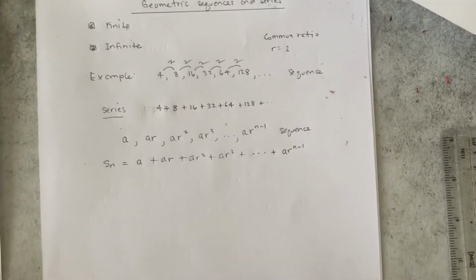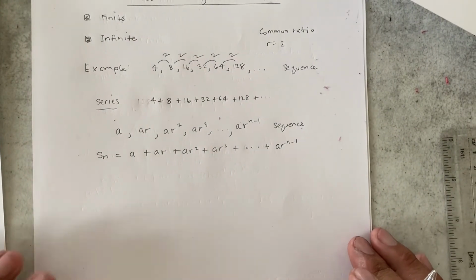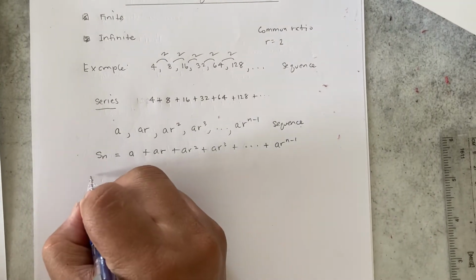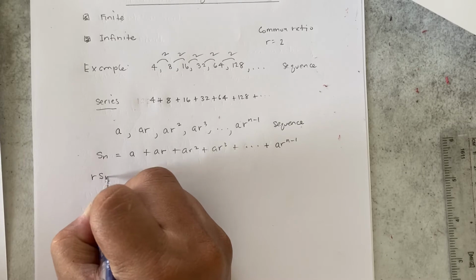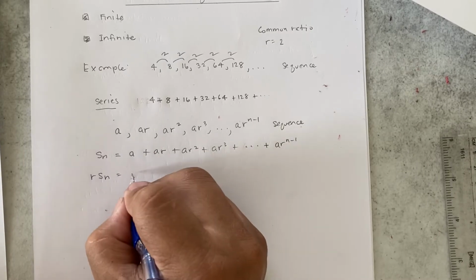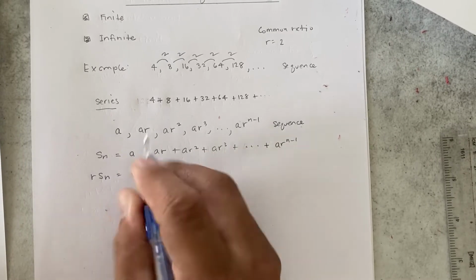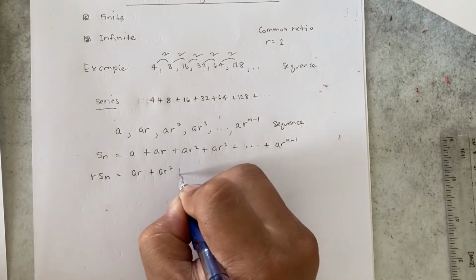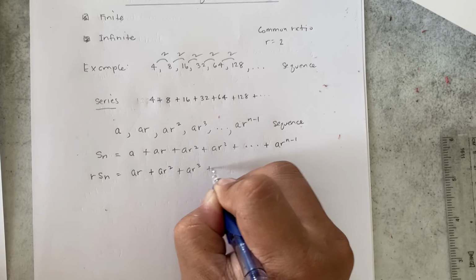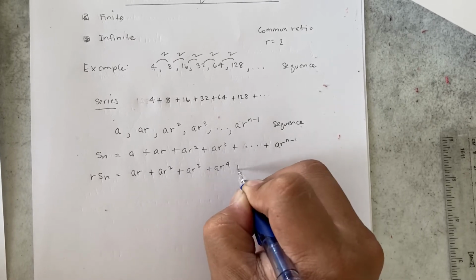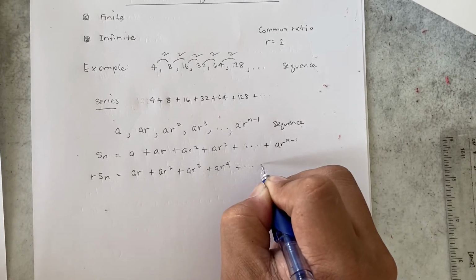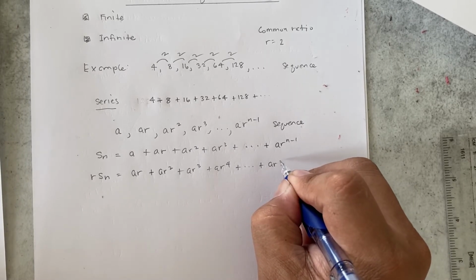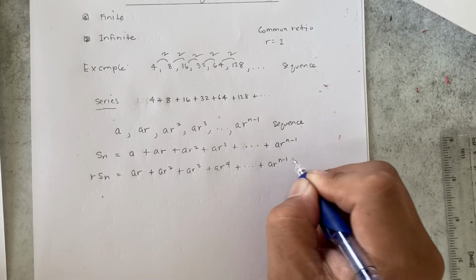Next, to derive it, I'm going to multiply both sides by r, so r times S sub n. This is going to be ar plus ar squared plus ar cubed plus ar to the fourth plus dot dot dot plus ar to the n minus 1.